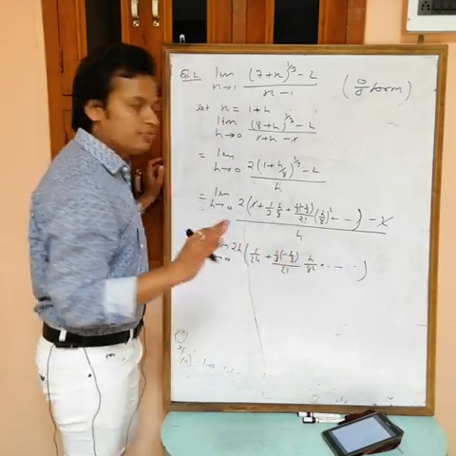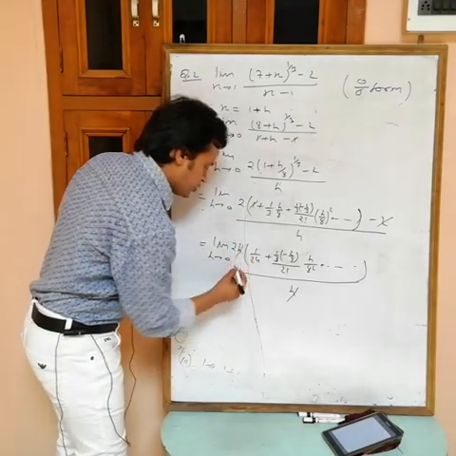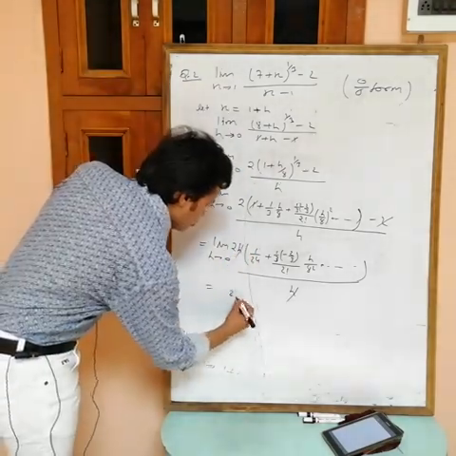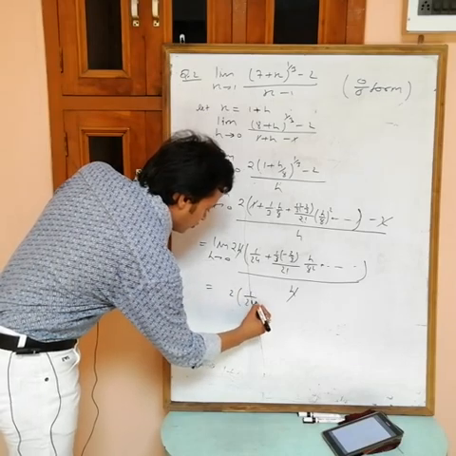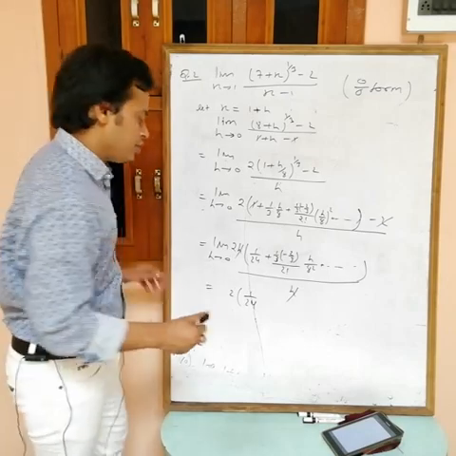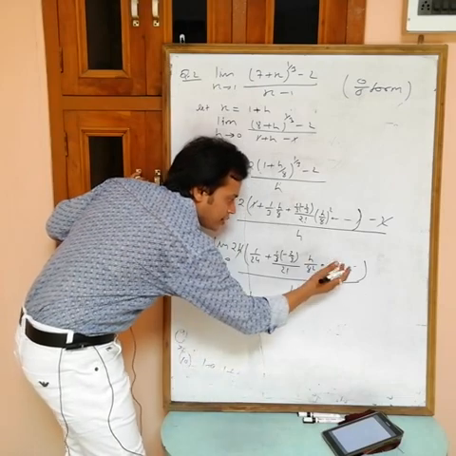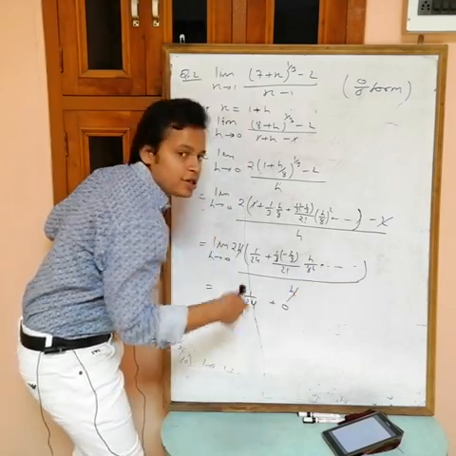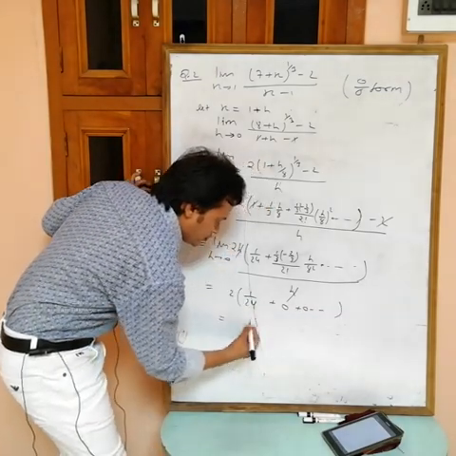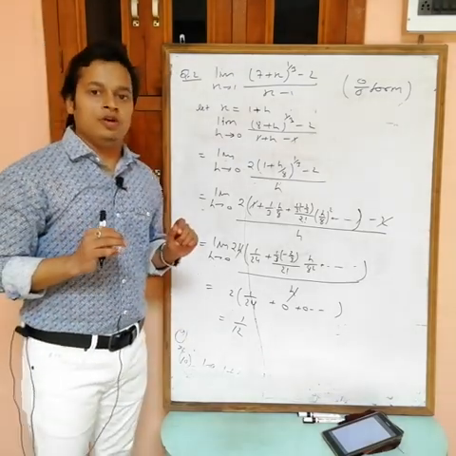In the other terms also we have terms of h, divided by h. Now one h cancels out. Now put h equals to 0. If you put h equals to 0, 2 into 1 by 24. If you are putting the value of h, then there is no need to write the limit of h. Now h equals 0, so 0. Again in the next term also you will get h square, so all terms will be 0 now. So 2 into 1 by 24 is 1 by 12. Now 1 by 12 is the answer.